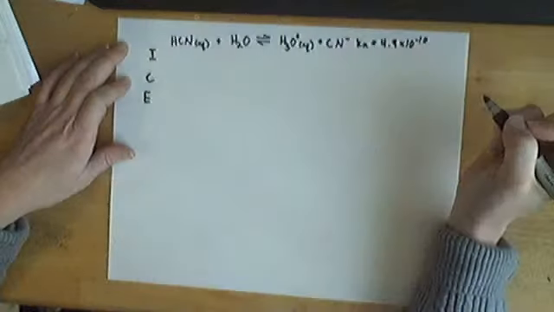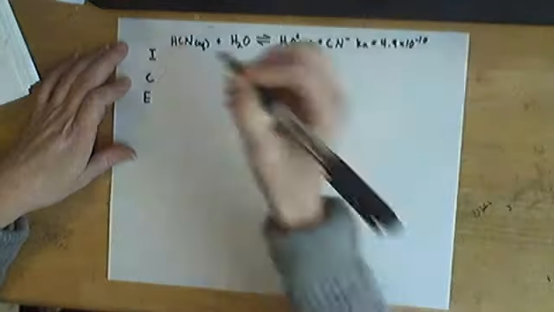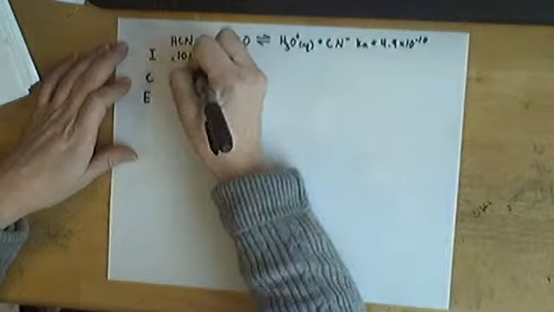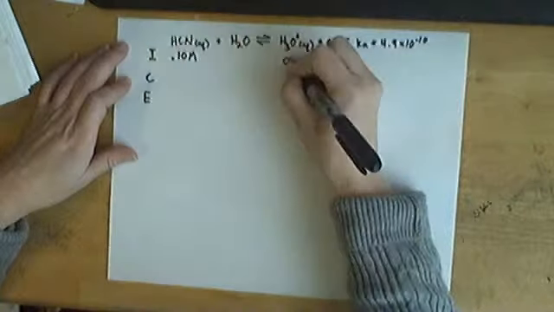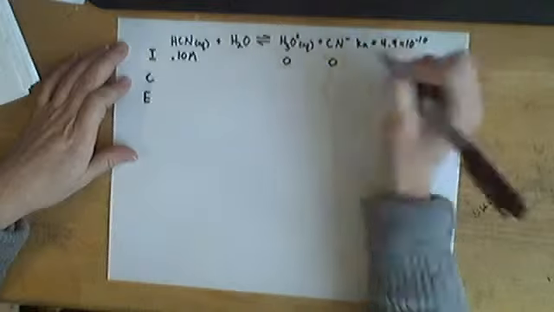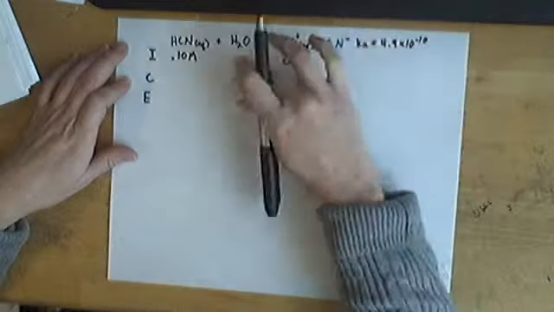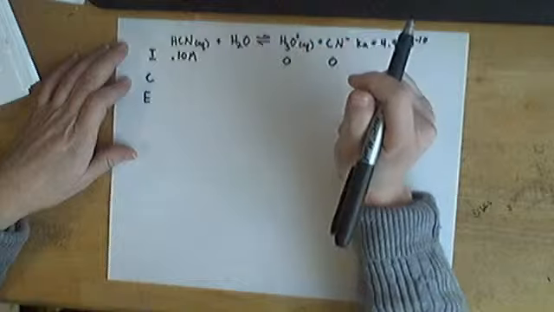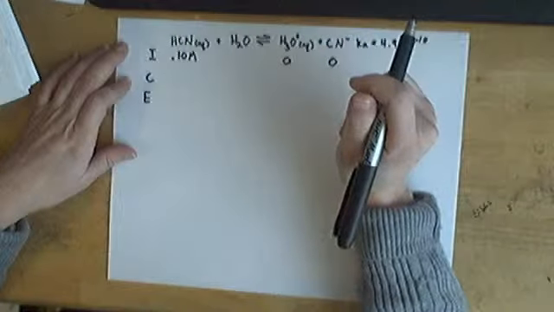Now we start off with an initial concentration of hydrocyanic acid, 0.10 molar. We start off with no hydronium and no cyanide. Now the water. Water is a liquid, and in this case we're going to consider it a pure liquid, okay?